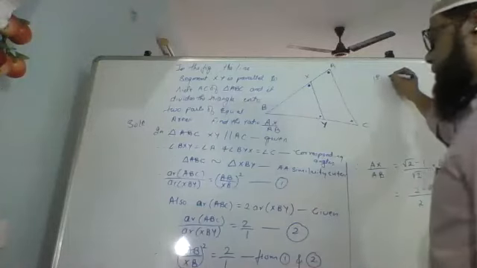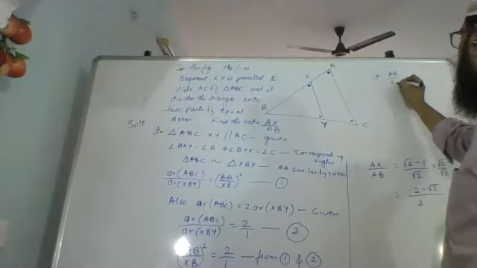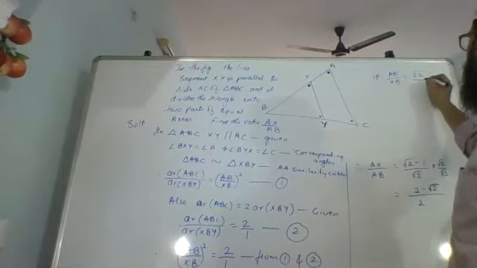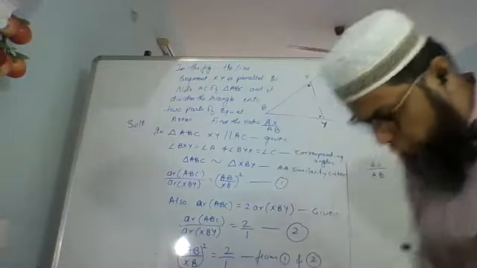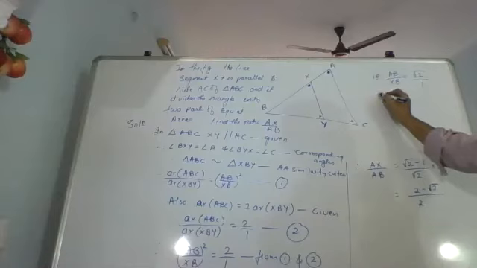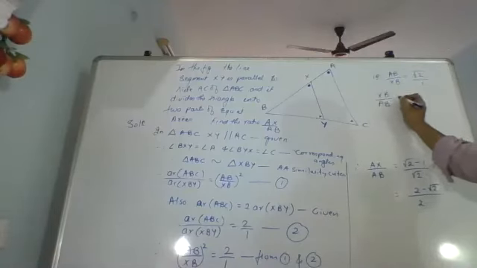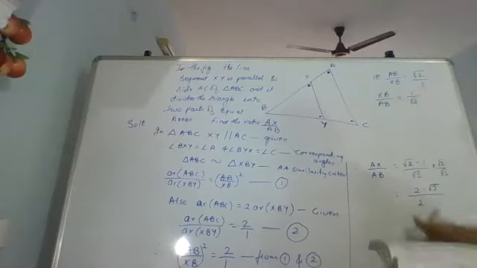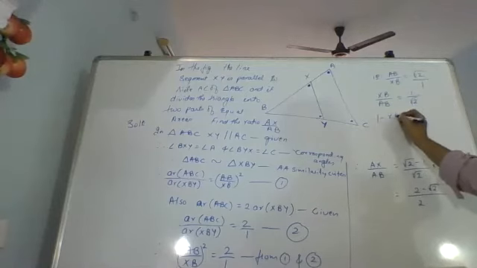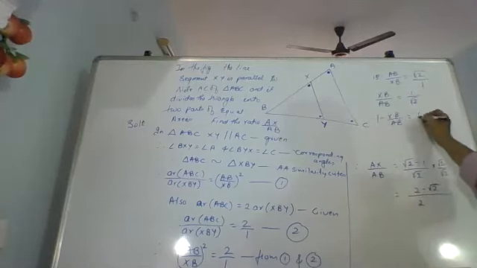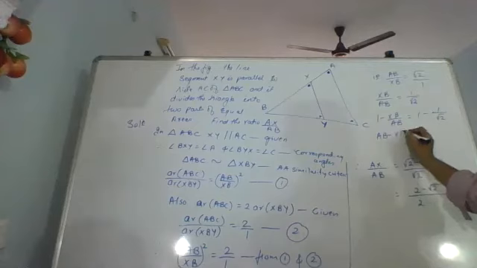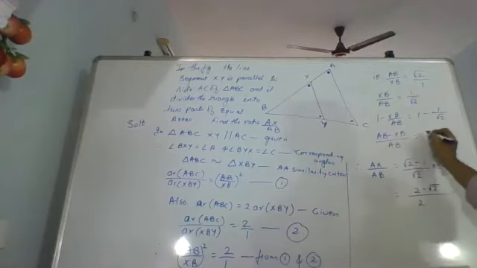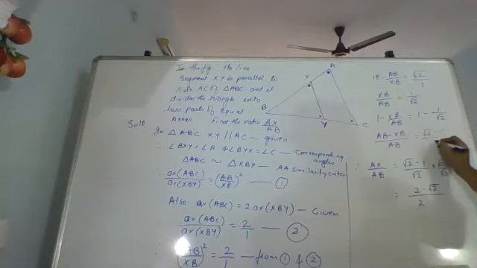That is, AB upon XB equals root 2 upon 1, or XB upon AB equals 1 by root 2. Then 1 minus XB upon AB equals 1 minus 1 upon root 2. AB minus XB upon AB equals root 2 minus 1 upon root 2.